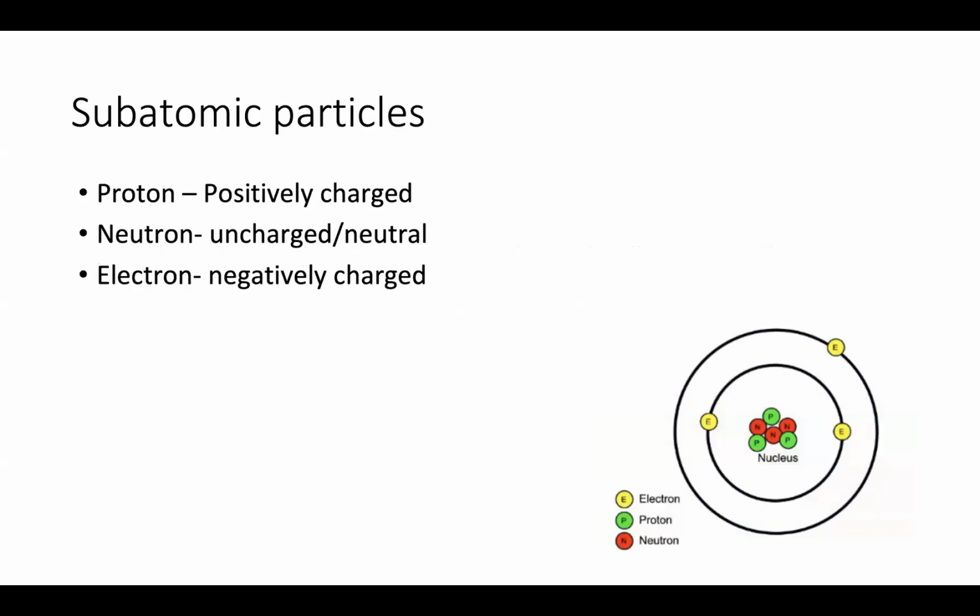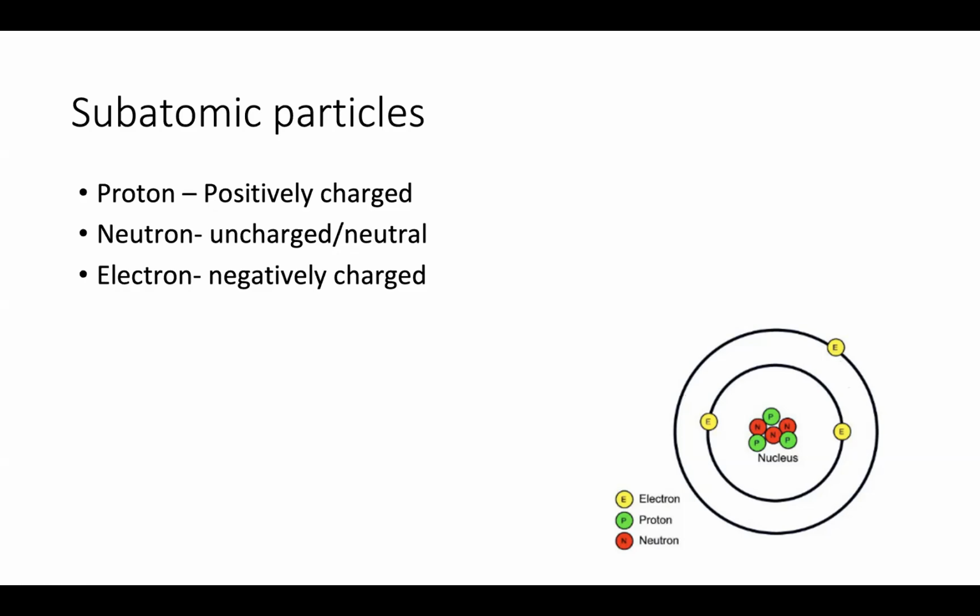All right. This is just another visual of an atom where we can actually see the distribution of subatomic particles. Over here, this is our atom, right? Inside we have a nucleus. Inside the nucleus, we're going to have our protons and neutrons. And then in these outer energy shells, we'll have our electrons. And so these subatomic particles do have a charge.